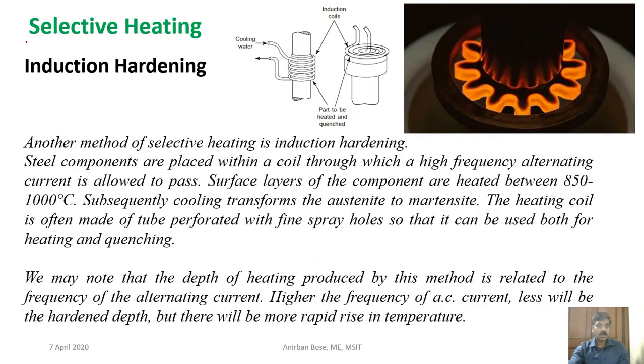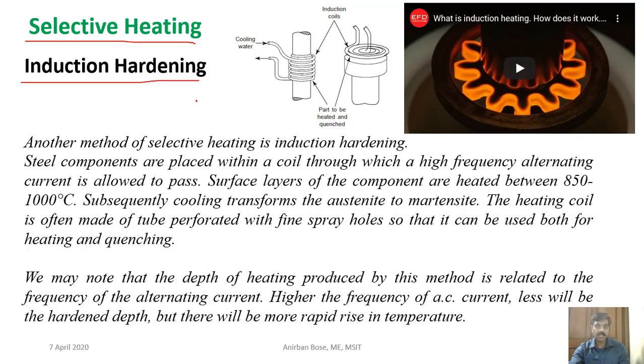Now coming to another kind of selective hardening, which is called induction hardening. In induction hardening, with the help of an AC current source through a coil, a magnetic field is created, and that magnetic field ultimately produces eddy currents within the sample, and by changing the frequency it is possible to control the heating process.